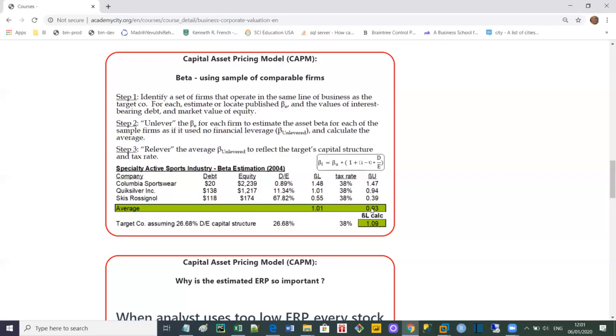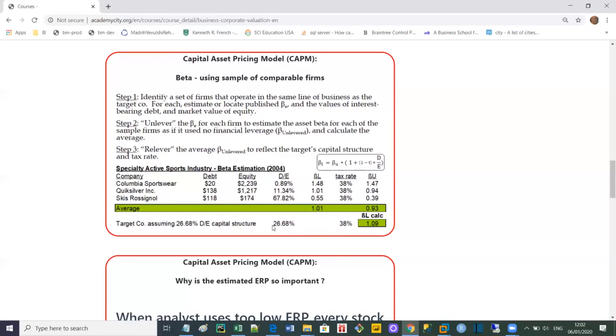Now we want to turn it, of course, into a leveraged beta. How do we do that? Very simple. We just plug into these equations all the parameters of our own company. This one will be the beta U, and then we multiply by 1 plus (1 minus T), the 38%, and then we use the D over E of our own company.